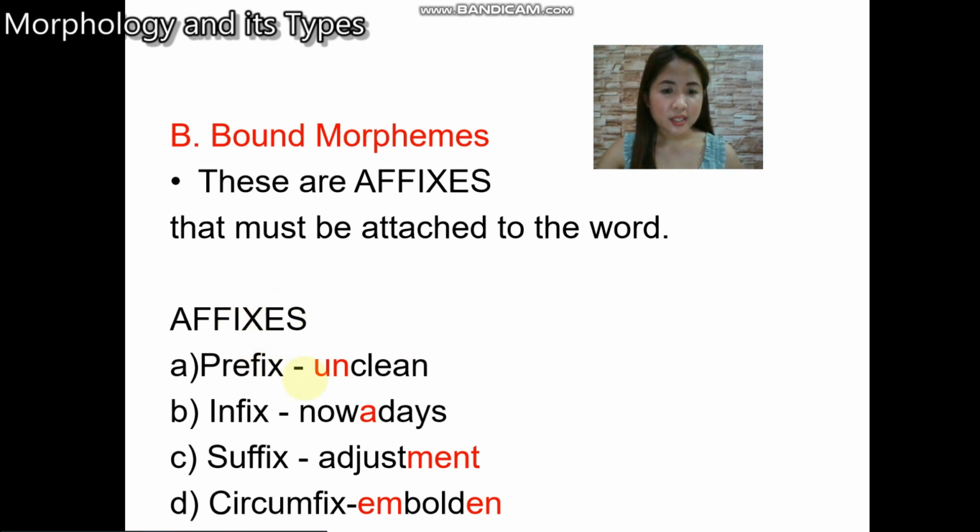For the prefix, these are the morphemes added before the base word. For the infix, these are the morphemes added in between two other morphemes. For the suffix, these are the morphemes added at the ending part of the base word. Then we have the circumfix. These are the morphemes added at the beginning and ending part of the base word.